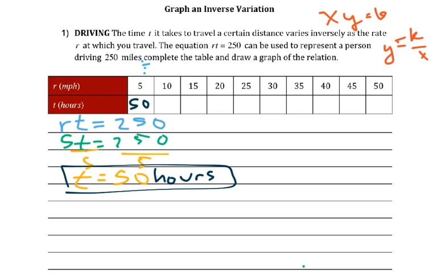Now here's my thing about this. If I wanted to keep going the way the book's doing it, then I'd have 10t is equal to 250, and I'd have to divide by 10 and get 25, and so on and so on and so on.